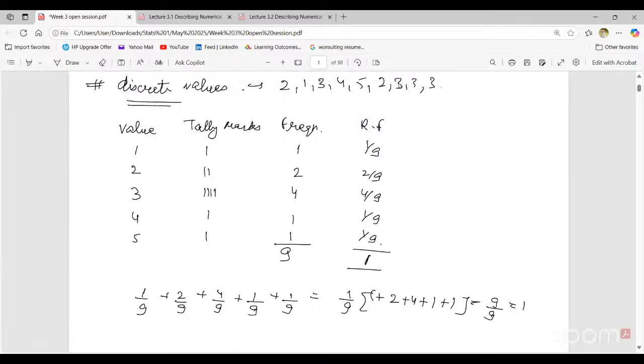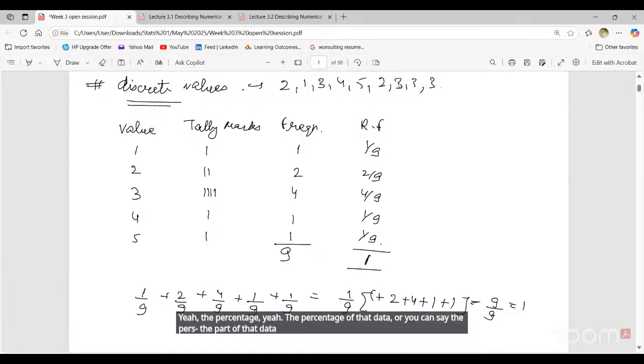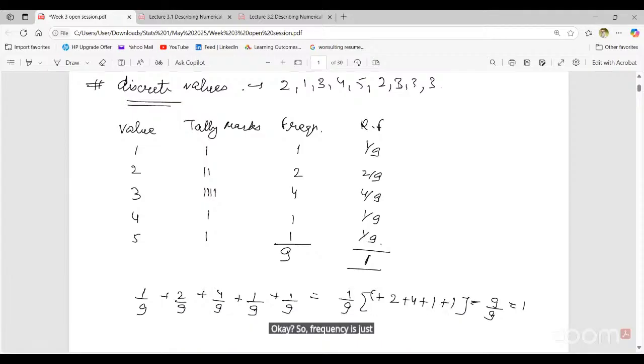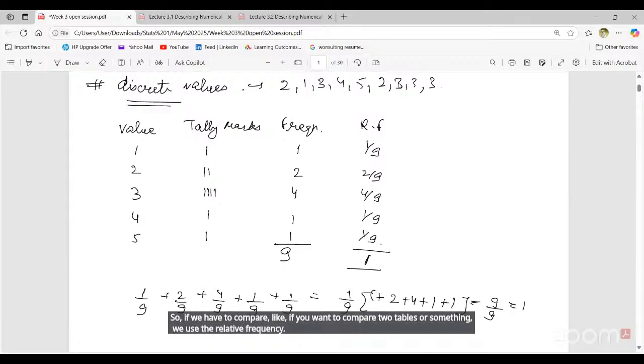We are finding the proportionality of data, the percentage, or you can say the part of that data. So that is the relative frequency. Frequency is just the number of times it occurs. So if you want to compare two tables, we use the relative frequency. That's it.